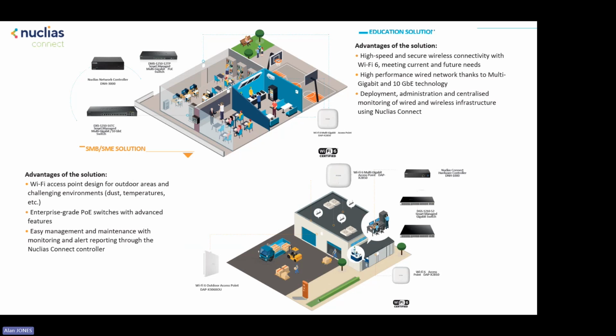You've been the education expert. Yeah, I can go through that. So with schools, they demand lots of devices in a small amount of space. So the average classroom in the UK is between 25 to 35 children. And all these guys nowadays have some sort of portable device, whether it be a tablet or some sort of laptop, and using a high density 4x4 access point like the DAP X2850 is a Wi-Fi 6 device.